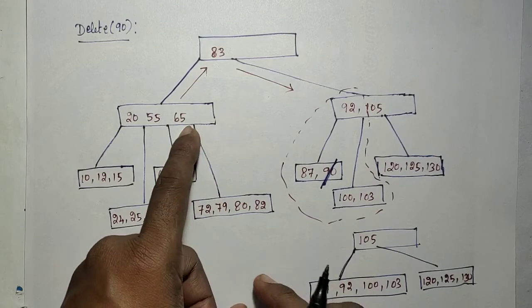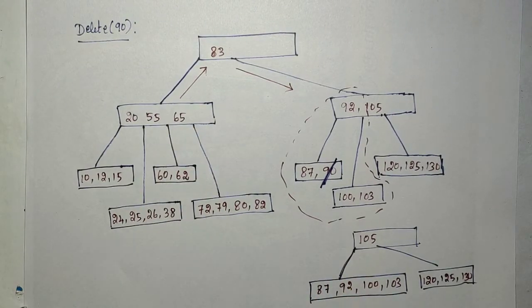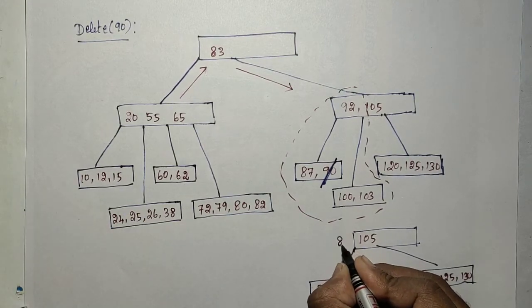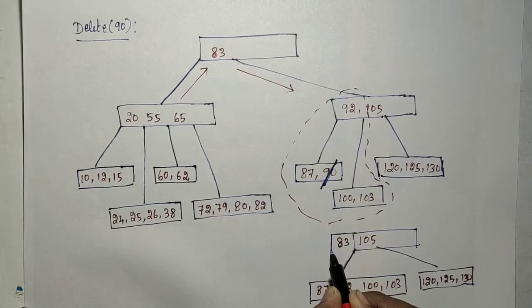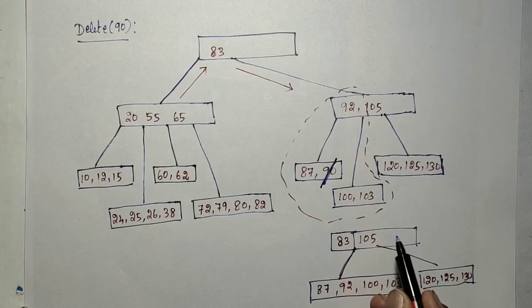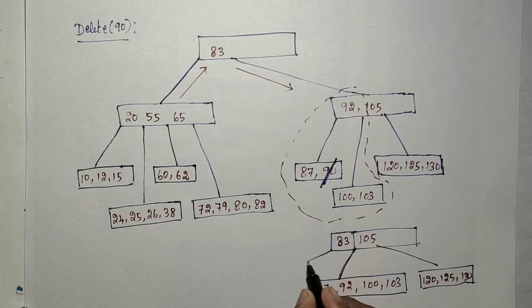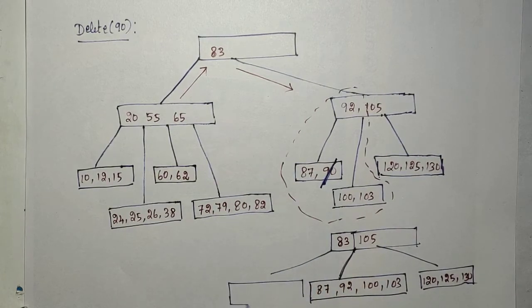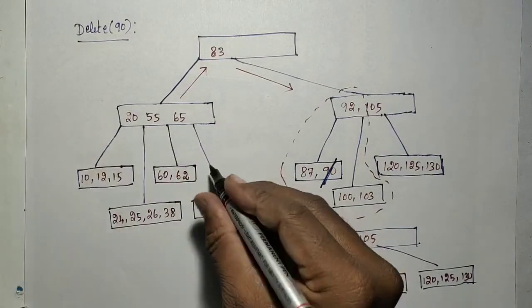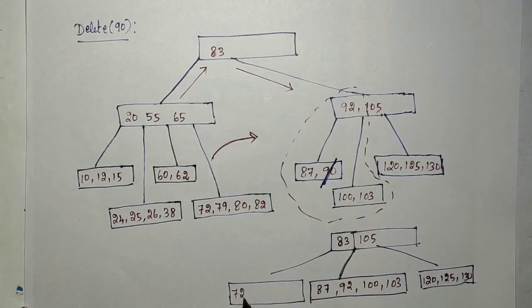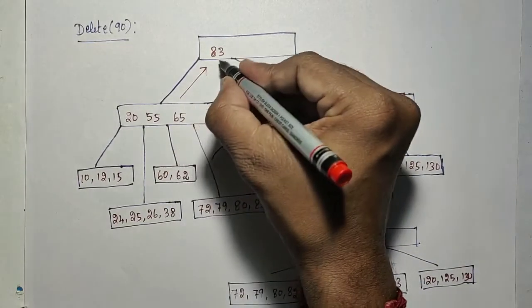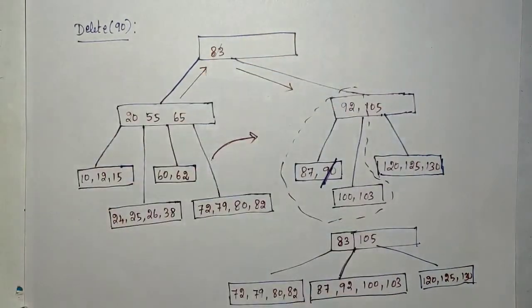The right of 65 becomes the left of 83. So 83 will be added here and it will become like this. And this link will get moved to this side: 72, 79, 80 and 82, and this will be replaced with 65.